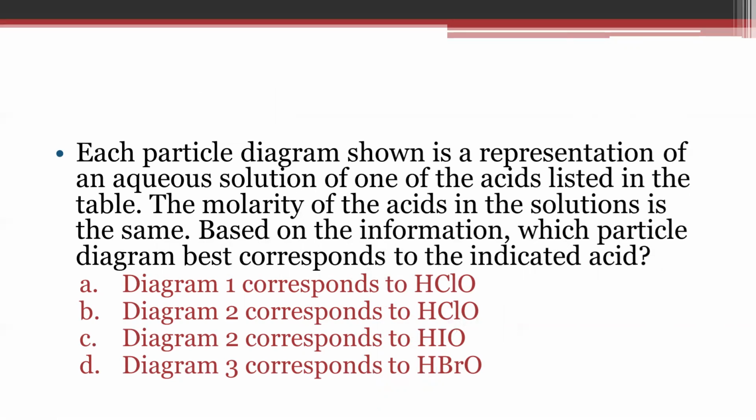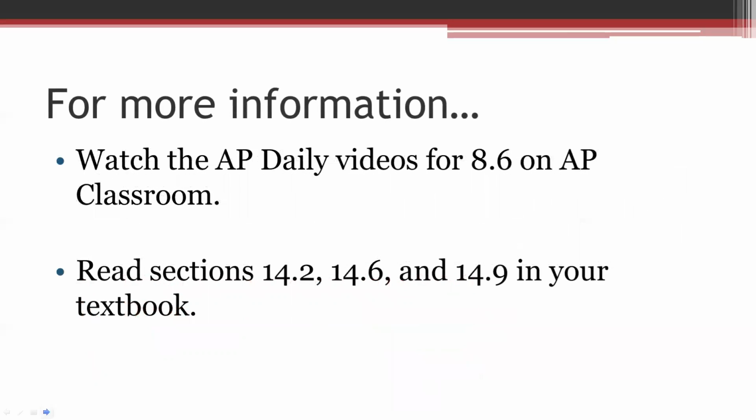So based on this information, if they all have the same concentration, which particle diagram best corresponds to the indicated acid? For all 4 of these choices, only one really corresponds. All of the acids are weak, and they all have these electronegative elements in them.